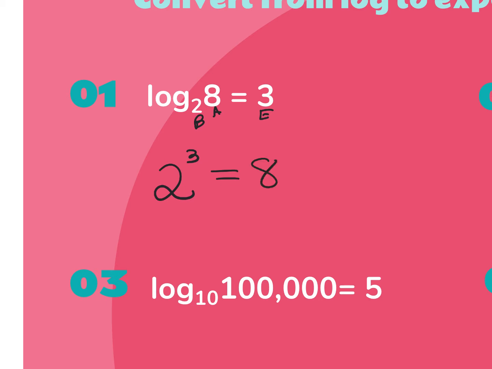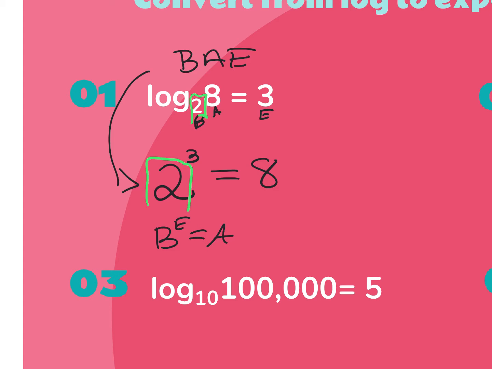So now when I go from bay to move it to exponential, I'm now doing B. Now, if it's easier for you to just see that this base is the same, and then these two switch places, you can do that as well.